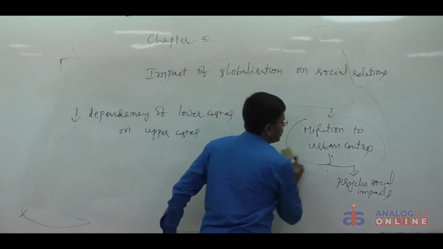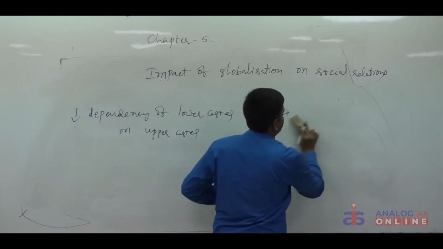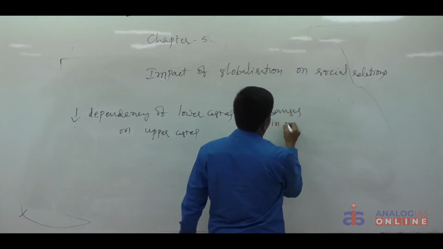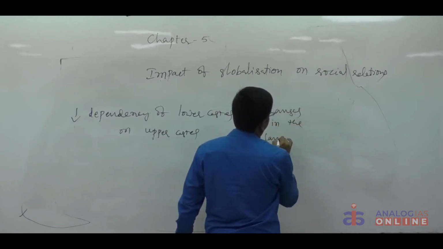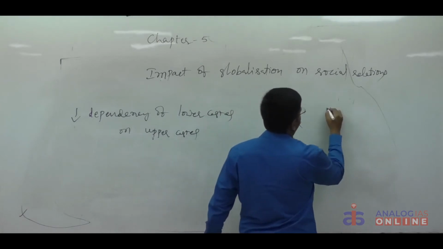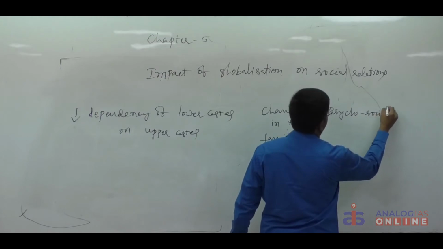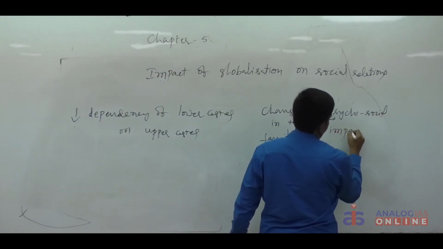Second one is changes in the family system. Third one is psychosocial impacts.